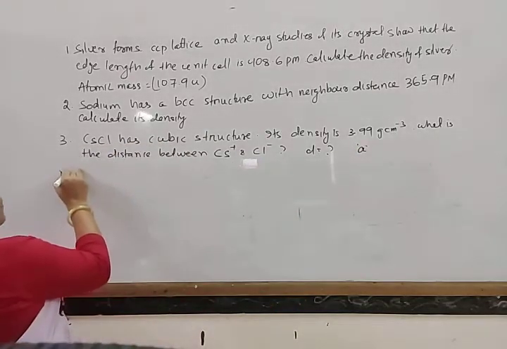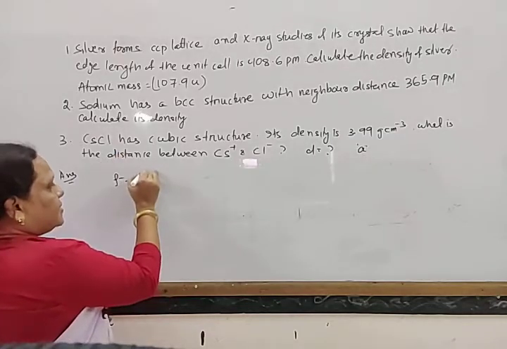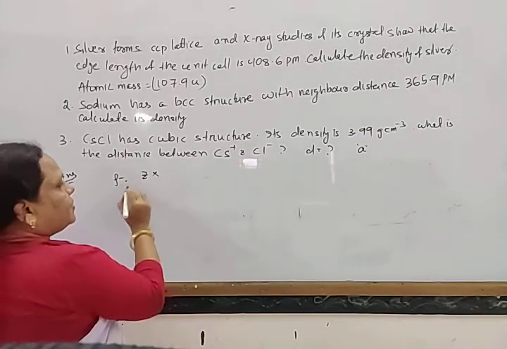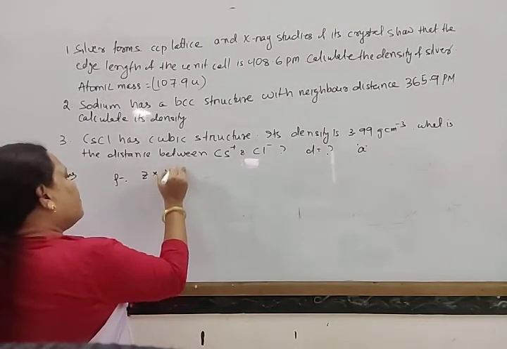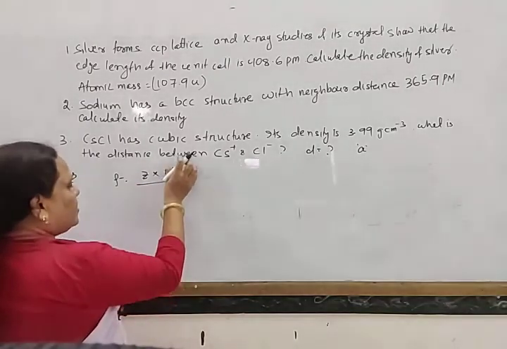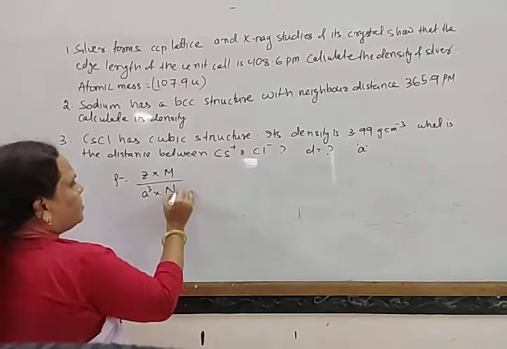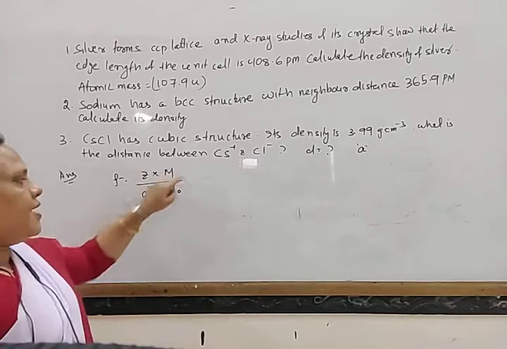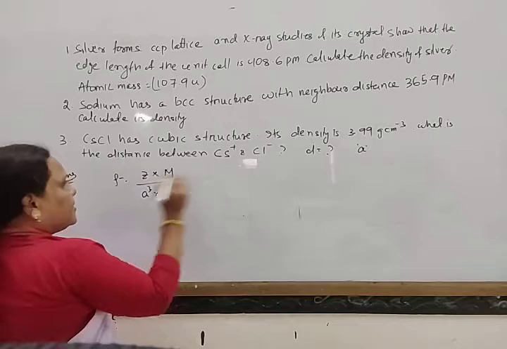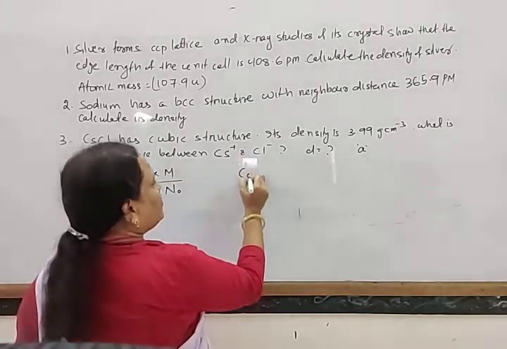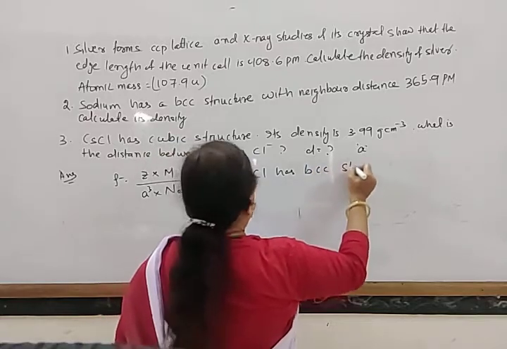So we know rho equal to Z into M divided by A cube into N naught. And actually cesium chloride has a BCC structure.